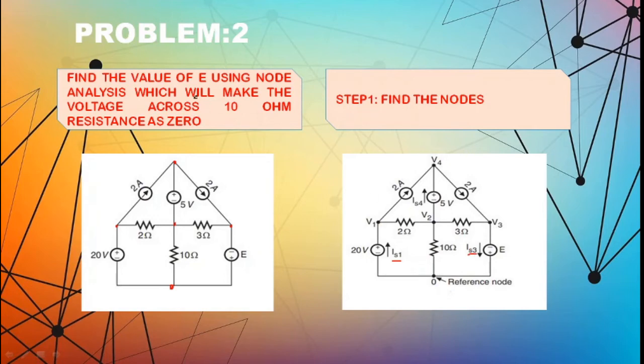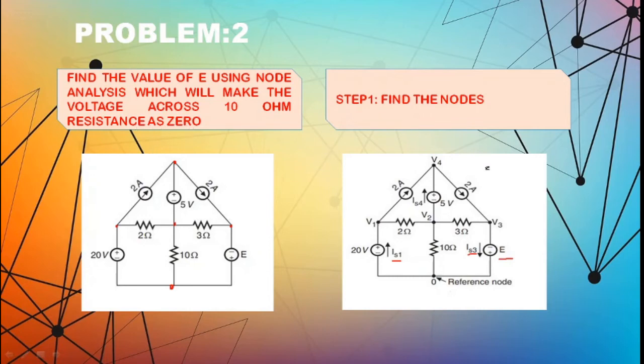So the thing given in the problem is to find the value of E using node analysis. So E here is connected across node V3. So once we find voltage V3, that is the value of E, which will make the voltage across 10 ohm resistance as 0.